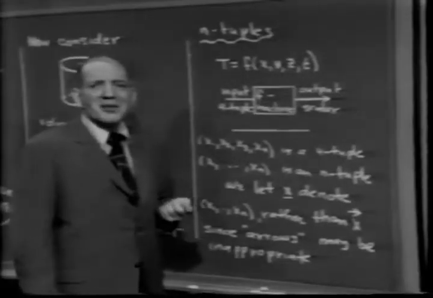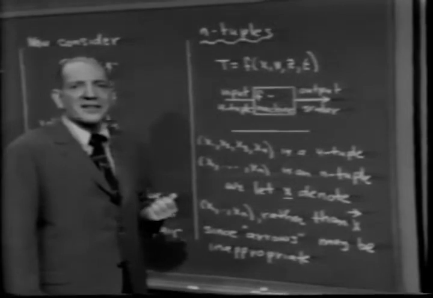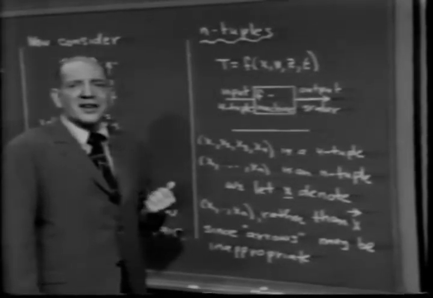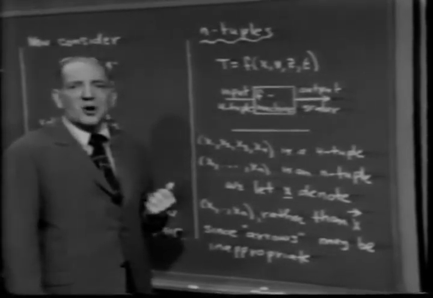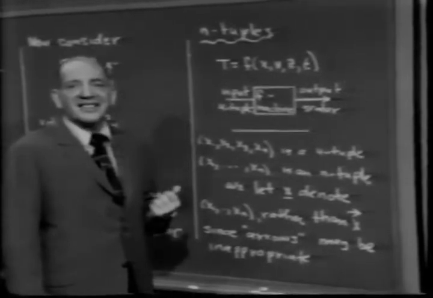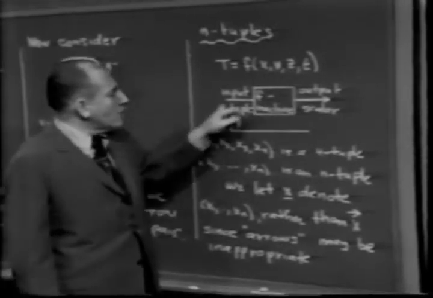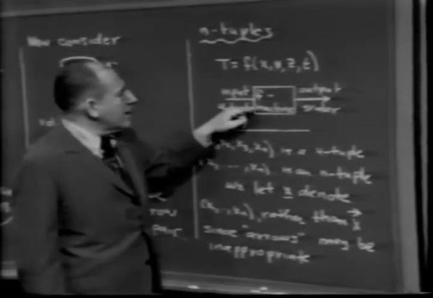Now, the trouble with using symbolism like x, y, z, and t, well, I guess without going into a long philosophic discussion, among other things, as soon as you have 27 or more independent variables, you run out of letters of the alphabet. And as a result, it is quite common for one to adopt a new notation.